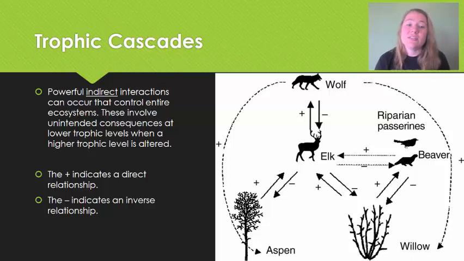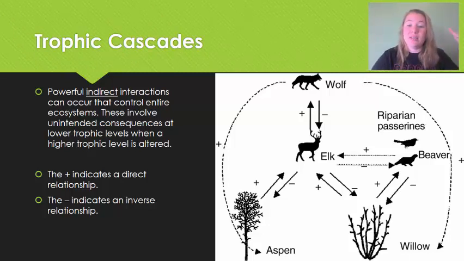Trophic cascades are powerful indirect interactions that can control entire ecosystems, and these often involve unintended consequences at the lower trophic levels when you have some kind of disruption at the higher trophic levels.